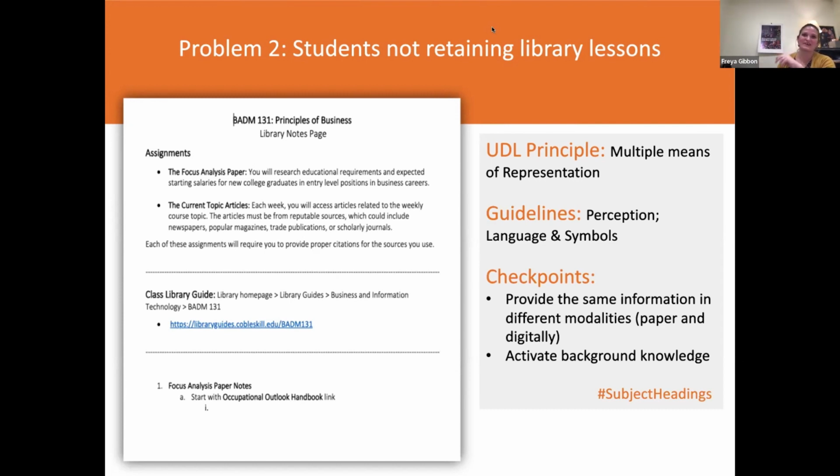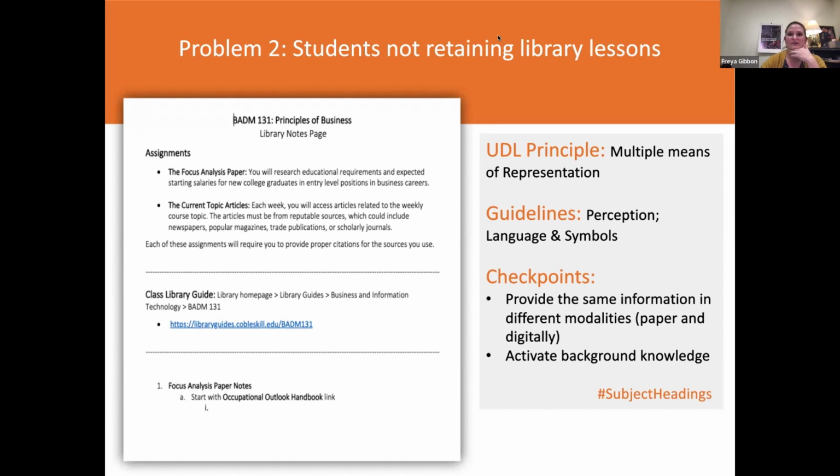So they know what hashtags are, and then you're trying to teach this new concept. So how do you make that connection back to something that they know? So think of your subject headings as your hashtags. I haven't actually done that yet, because I don't end up talking about subject headings a ton, but that type of thing can help create those kernels of memory, as the idea from the UDL framework.